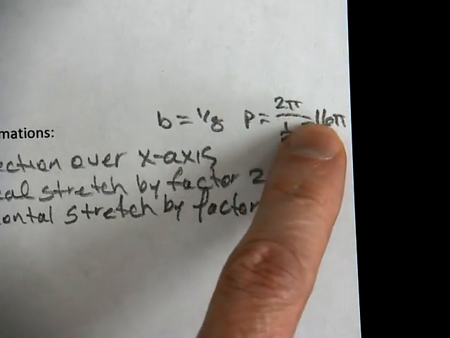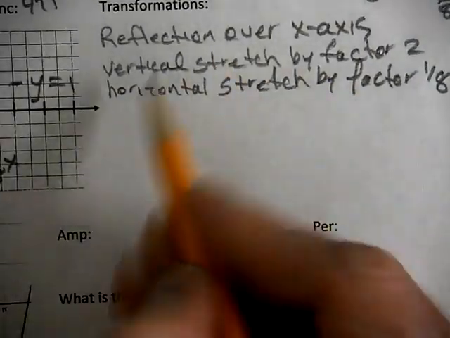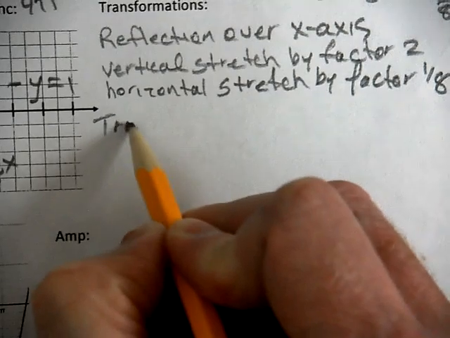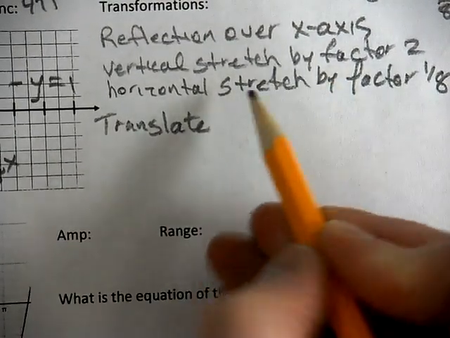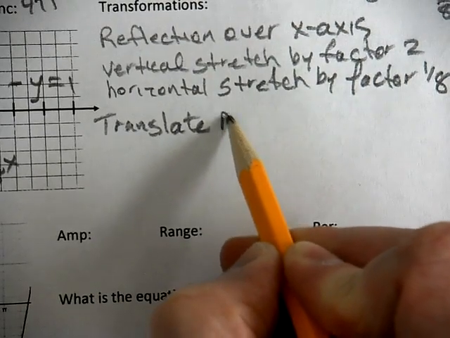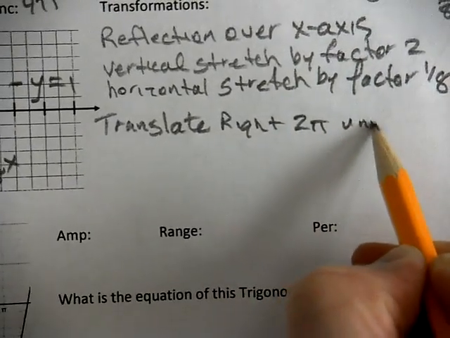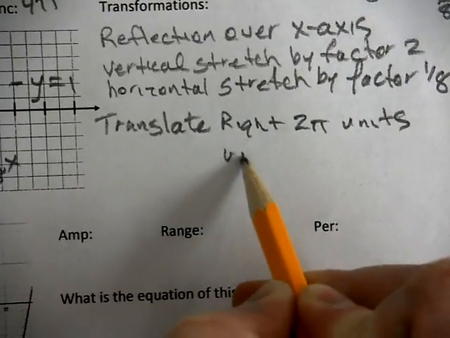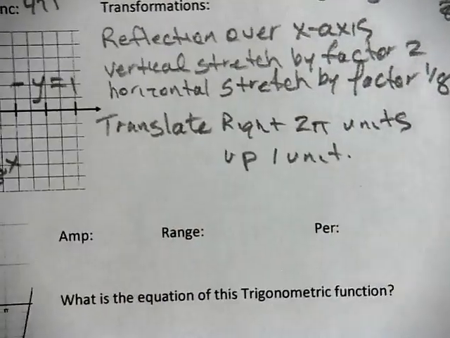The 1/8 is what made our period 16. It actually stretched it. And then our translation: we're going to translate right 2 pi units and up 1 unit.